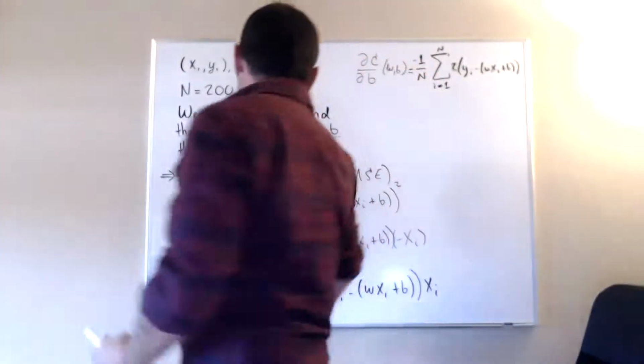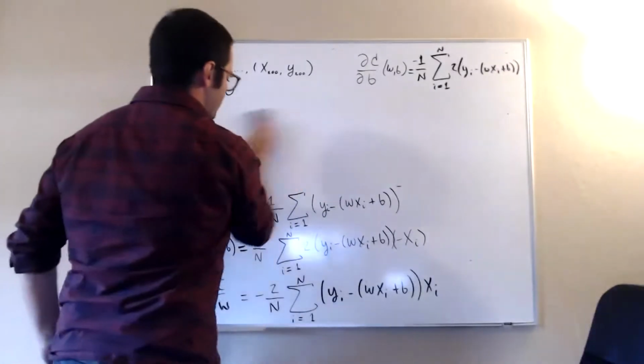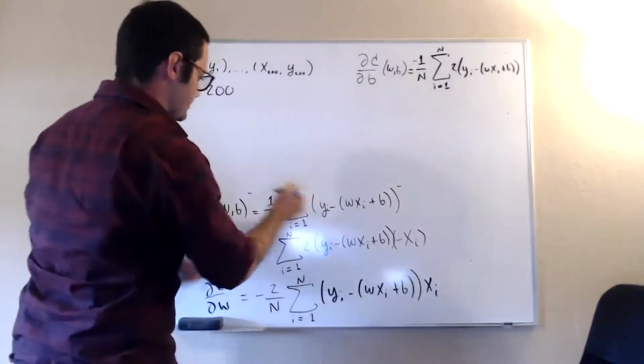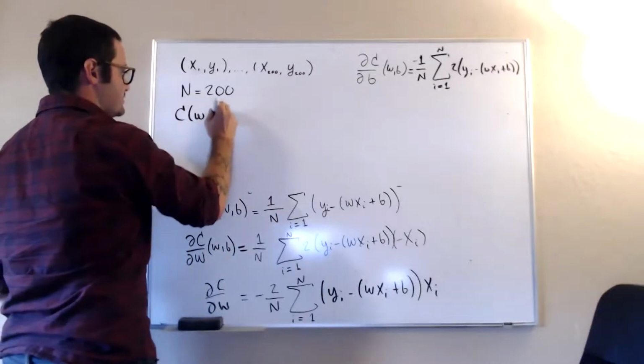So now, let's go ahead and look at how we can do this. I'm just going to rewrite a few things. We're trying to minimize this cost function.